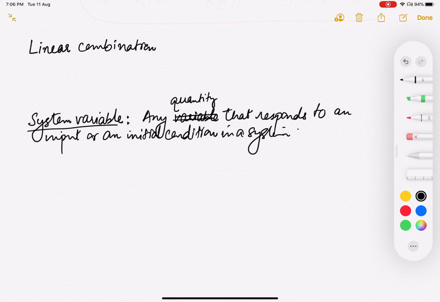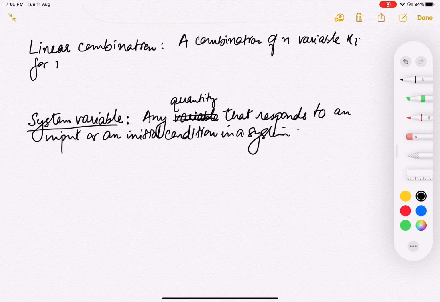So a linear combination is defined as a combination of n variables. When you take n variables xi, for i equal to 1 to n, and you just multiply them with constants. So you say k1 x1 plus k2 x2 plus, you go up to ki xi.